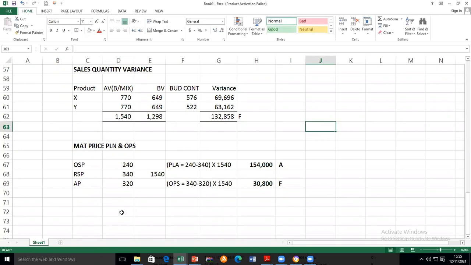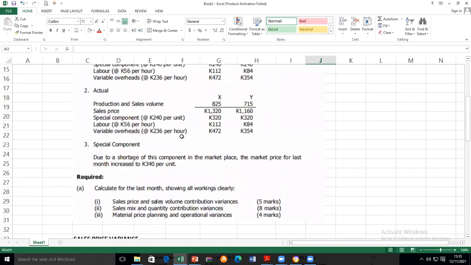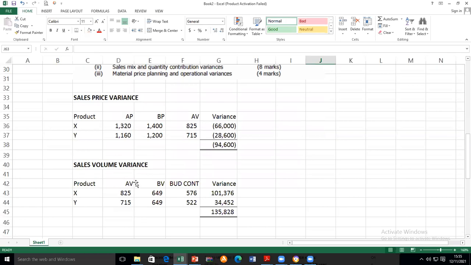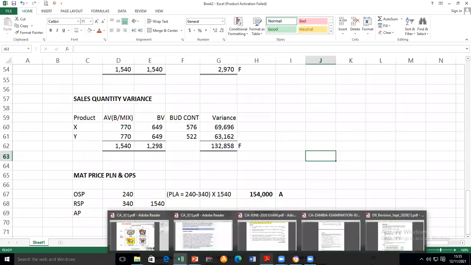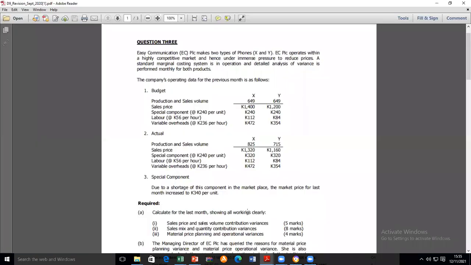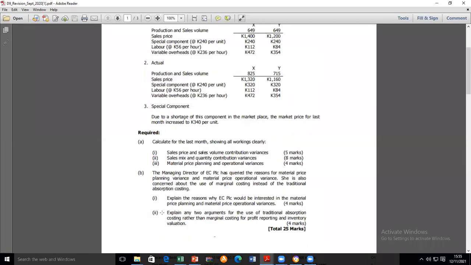Okay, a follow-up question. What did the follow-up question say? It said the MD has queried the reasons for the material price planning and material price operational variances.